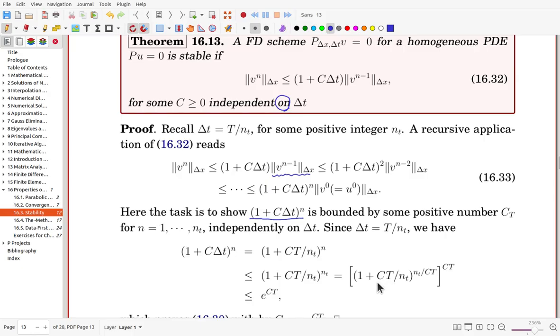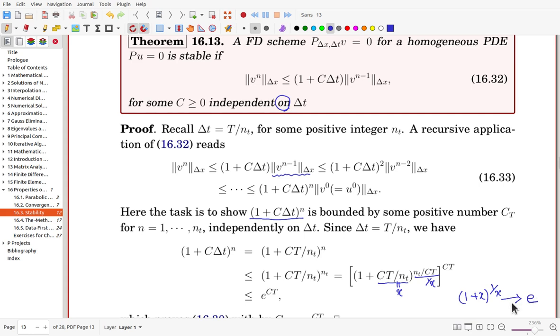If we consider this one as x, then that will be 1 over x. Earlier in calculus, you learned that 1 plus x to the power 1 over x, as x approaches 0, is converging to e.